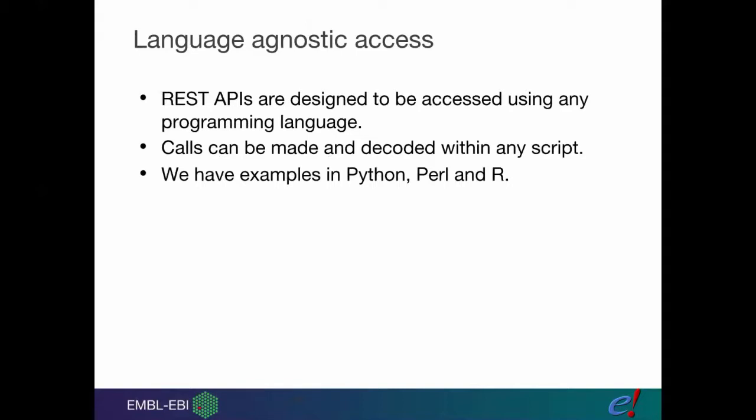They're designed to be accessed using any programming language at all, so you can make calls and decode them within any script. There are some examples, as we saw on the documentation pages, but we have more extensive examples. We have an online course in Python, Perl, and R.